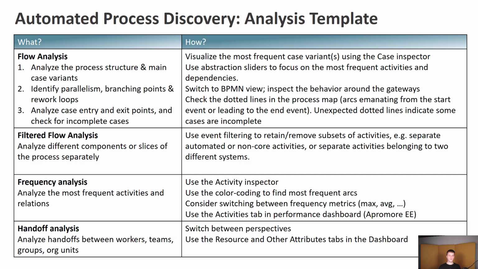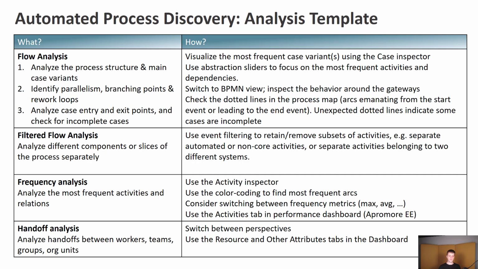You might want to do filtered flow analysis. This is analyzing different components or slices of the process separately. You might want to do frequency analysis. This is analysis of the most frequent activities and relations. And finally, you might want to do handoff analysis, assuming that your event log has information about resources.